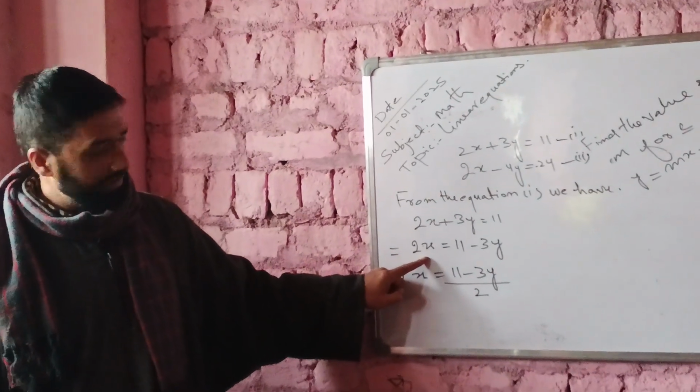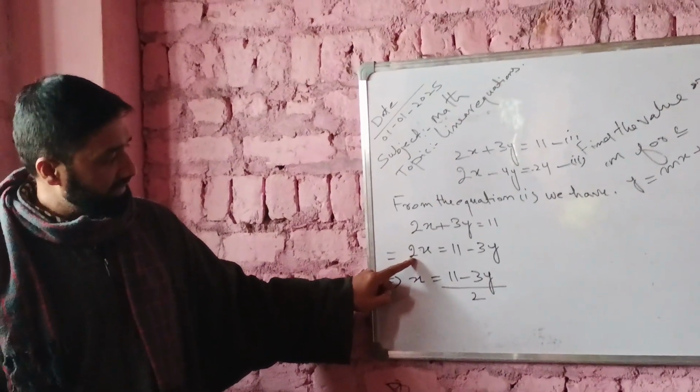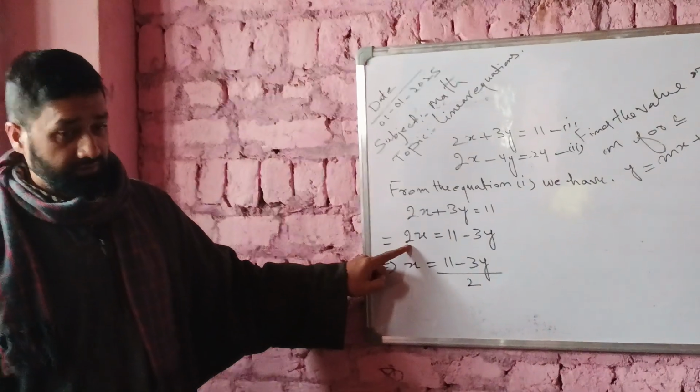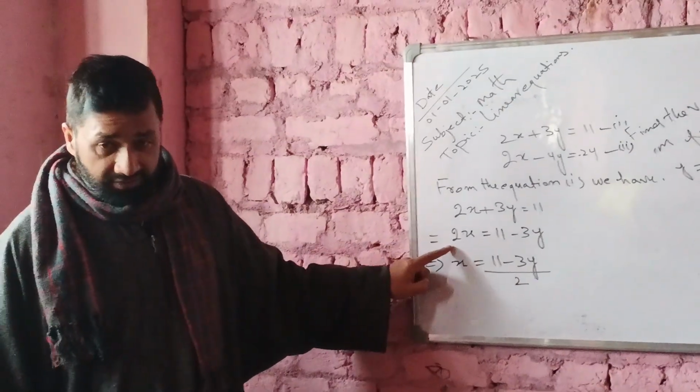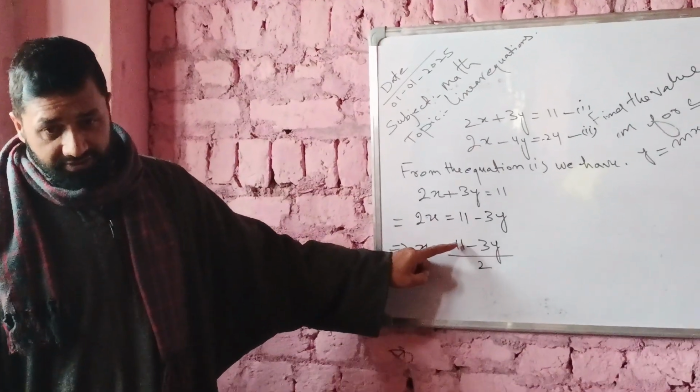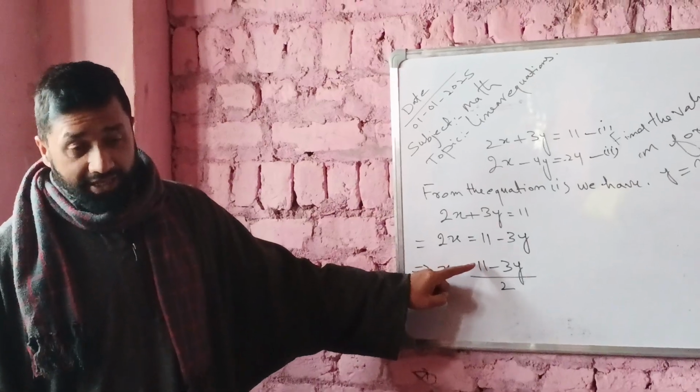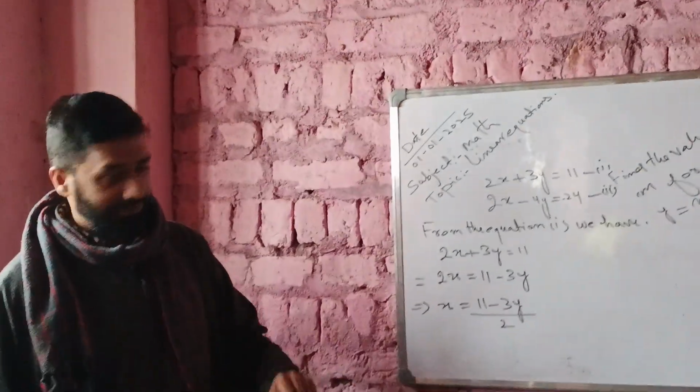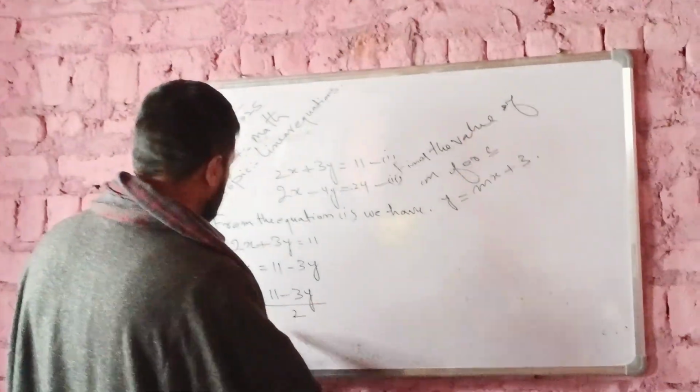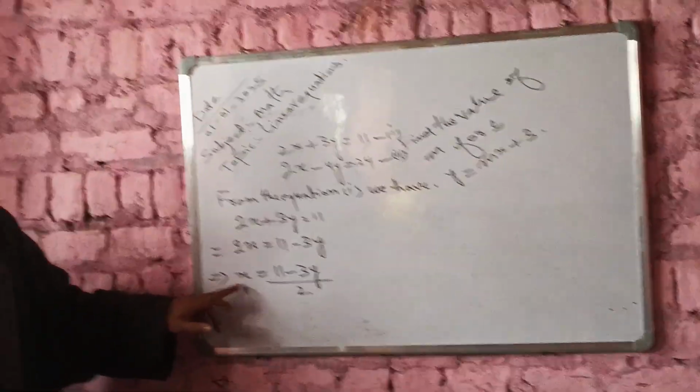When I take it from the left hand side to the right hand side, it becomes divided by. Good. Now we have found the value of x.